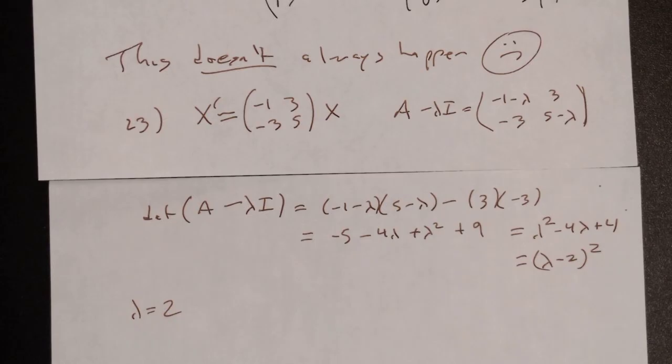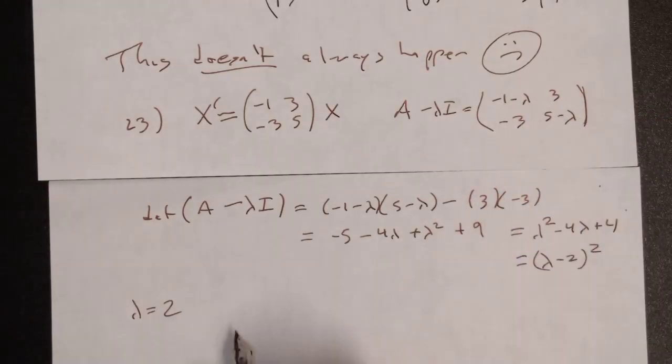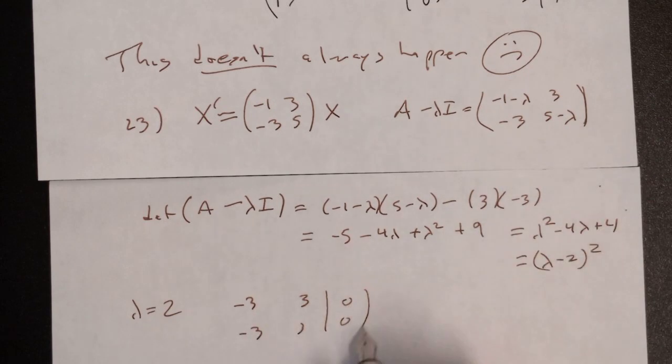Find me a corresponding eigenvector. If I got 2, I'd be brilliant. But this time I only get 1. If I put 2 in up here, -3, 3, -3, 3, 0, 0.